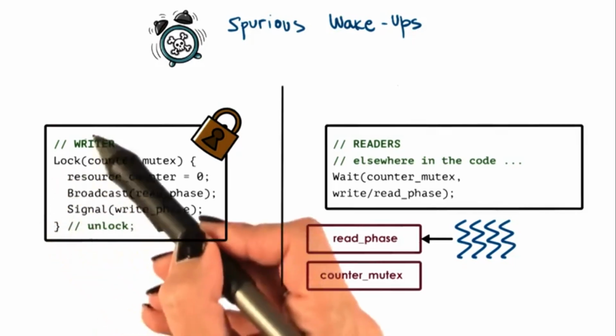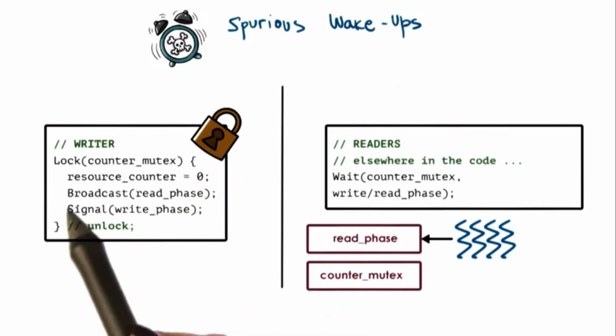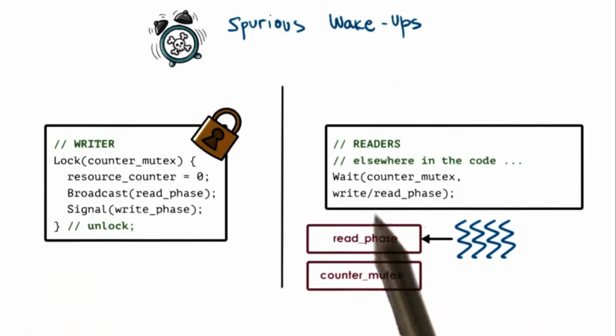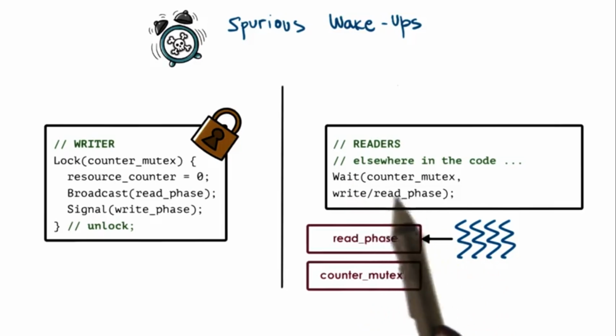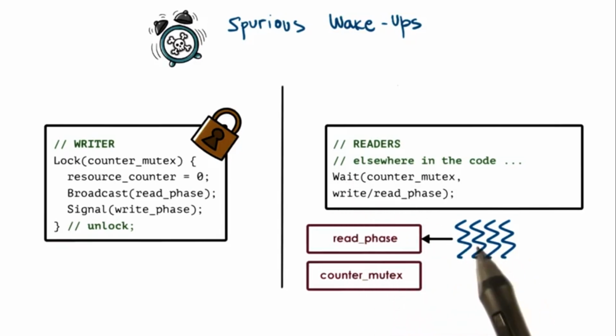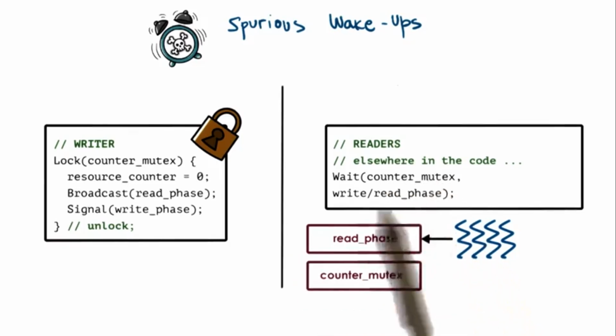Now, if that's the case, we have the writer on one core, it still holds the lock, and it's executing basically this portion of the code. And at another core, on another CPU, the threads that are waking up from this queue that's associated with the condition variable that's part of the wait statement, the very first thing they have to do is reacquire the mutex. We explained this before.